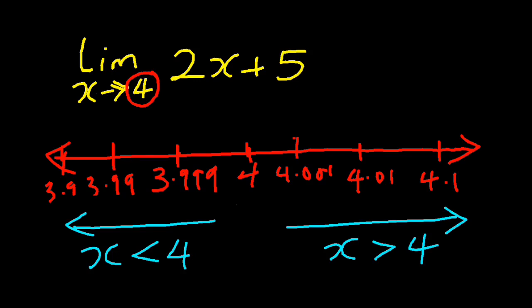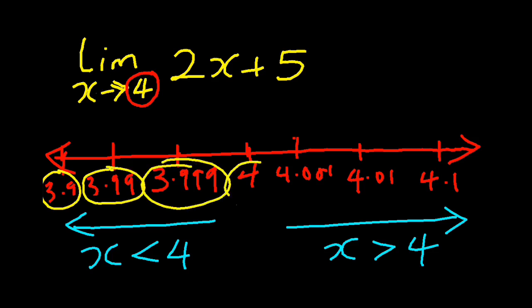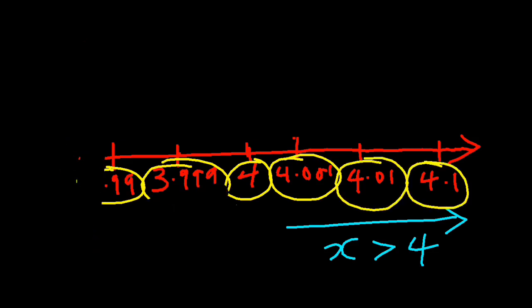Now let's consider the set of value. This is our set of value from 3.9, 3.99, 3.999, and so on like this. Now recall that 2x plus 5 is our function.